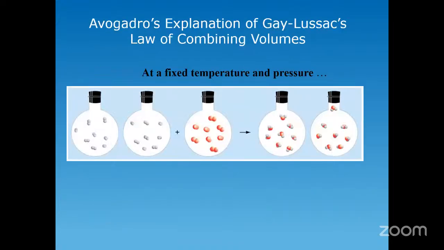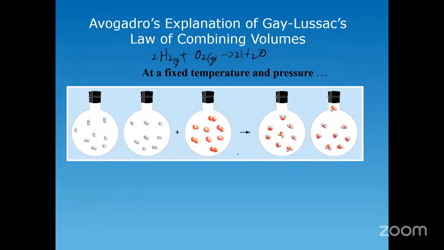So this is just a pictorial description of the same law. And again, this is involving the reaction between hydrogen and oxygen to form water. And again, these are two gases, right? And basically these containers have the same volumes. These are two volume units of hydrogen, one volume unit of oxygen, and that would give you two volume units of water, all right?